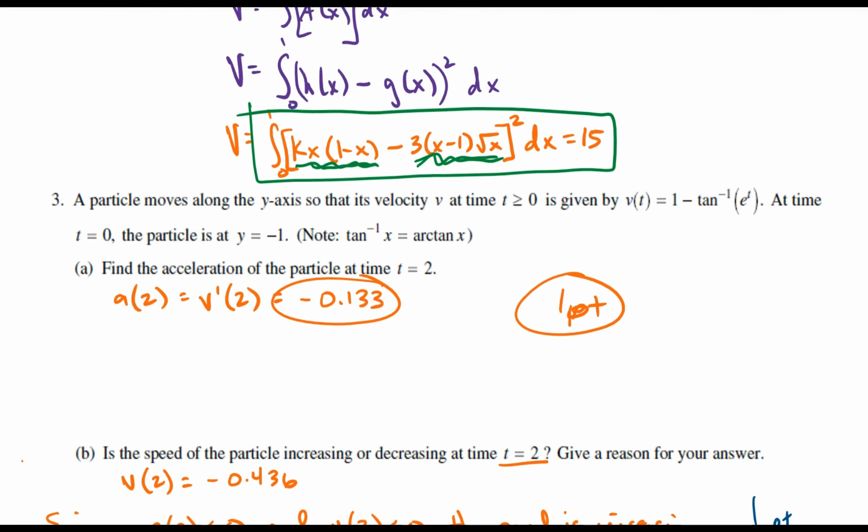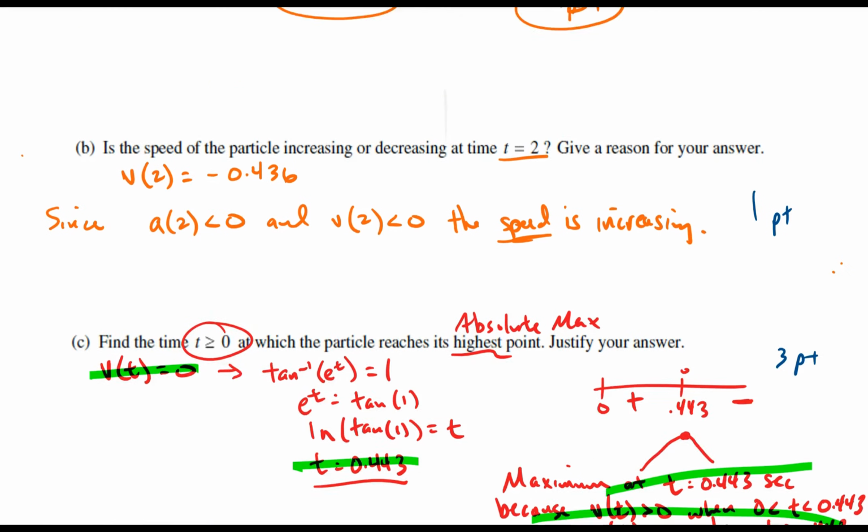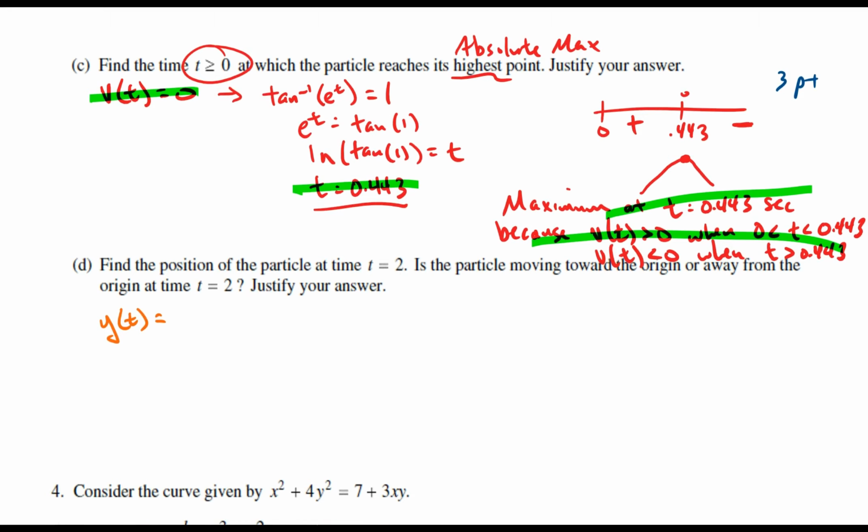At time 0, the particle is at -1. So we're starting at -1, and then we're adding the integral of the velocity, which is going to be the integral of 1 minus the inverse tangent of e to the t dt. And we want to know what's happening at 2 seconds, so we're going to integrate that from 0 to 2.